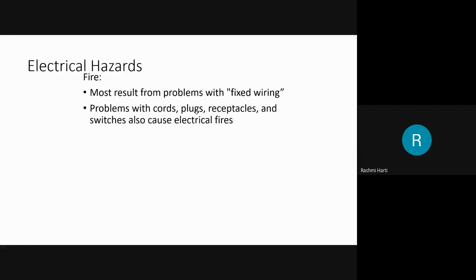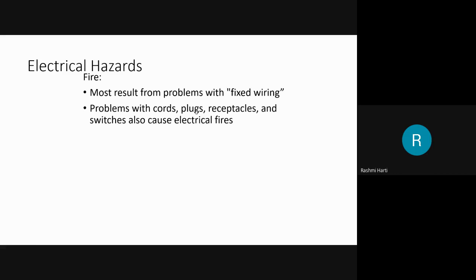Then you have the next electrical hazard, that is fire. It mostly results from problems with fixed wiring. Most electrical distribution fires result from problems with fixed wiring, such as faulty electrical outlets and old wiring.